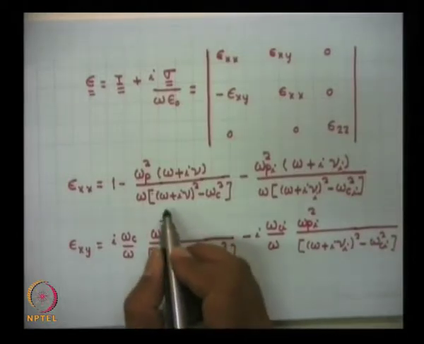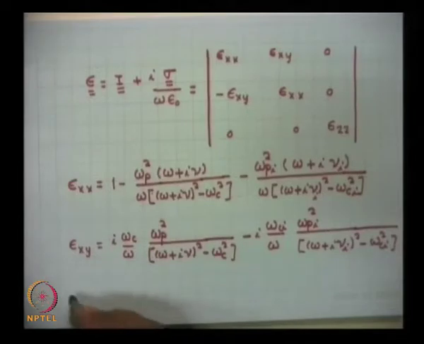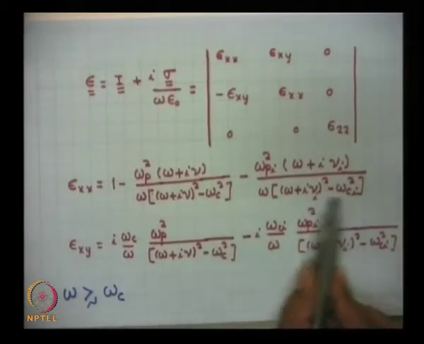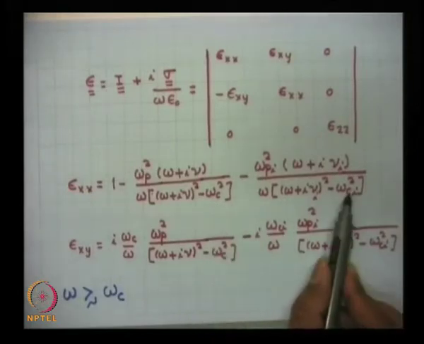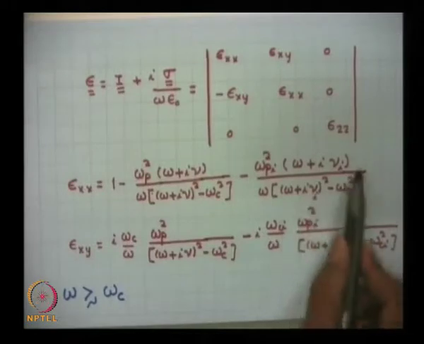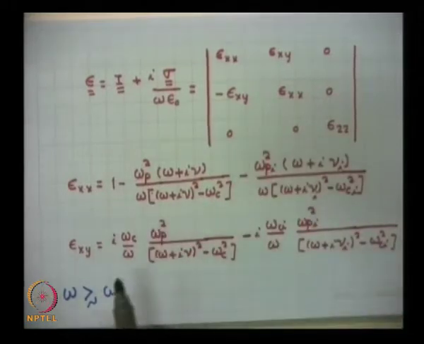First of all, at high frequencies, when omega is comparable to or larger than omega c, what will happen? You may note that the ion term, because omega ci is very small, you can ignore this as compared to omega, but omega is too large, then this term is smaller as compared to this. Why?